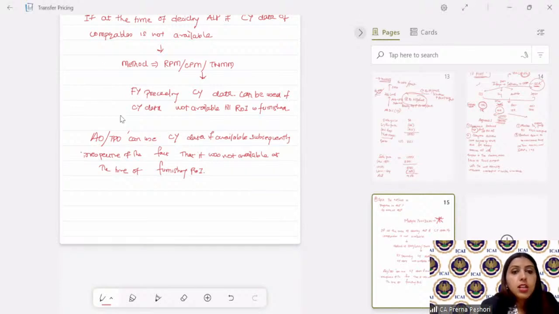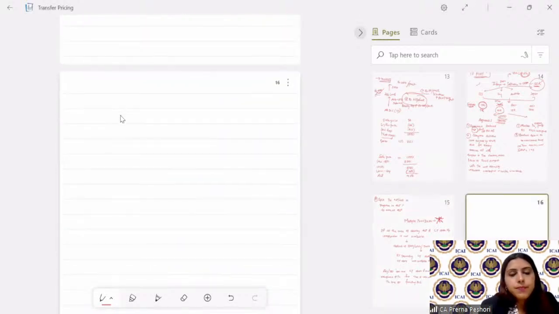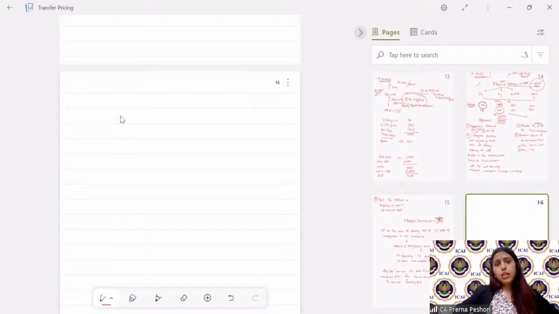Okay. Now understand one thing. Also remember these methods will not only apply to international transactions, but are equally applicable for specified domestic transactions. We did specified domestic transactions in the last class, on inter-unit transfers and on the company opting for 115BA, 115BAB, so there also these methods will be applicable to determine ALP.